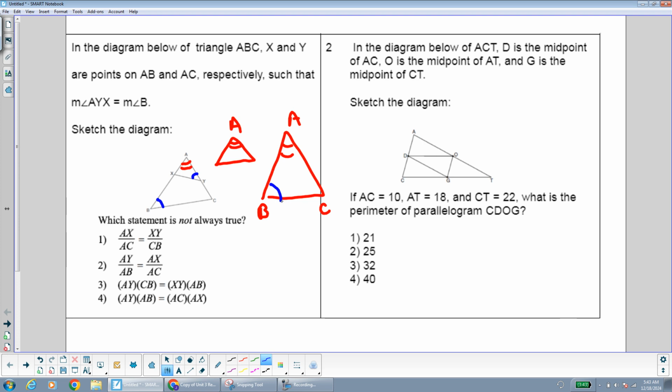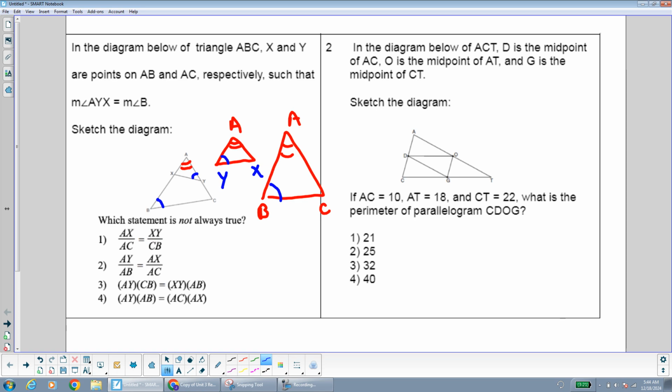So if this angle's over here, I'm going to put this angle in the same spot. Oh, sorry, I messed that up. This angle's on the left, so I'm going to put this angle on the left. So if you don't redraw the triangles, it might be hard to see what's going on, and you might end up choosing the incorrect answer choice.